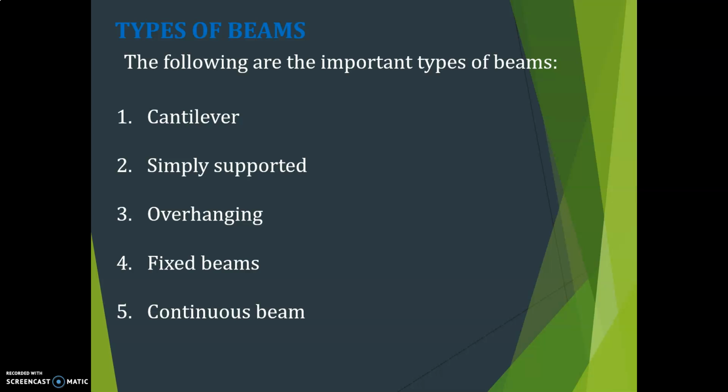And also horizontal beam means when the axis of the beam is straight and horizontal, then it is called a horizontal beam. For example, building frames and beams of bridges, etc. If the axis of the beam is straight and vertical, then it is called a vertical beam.